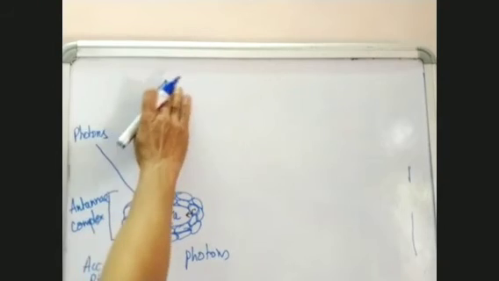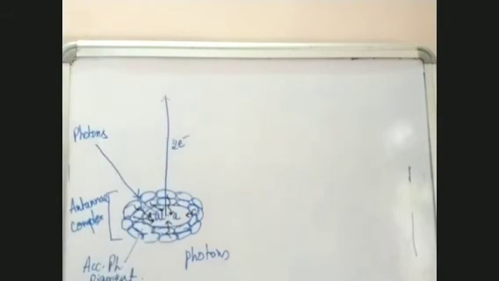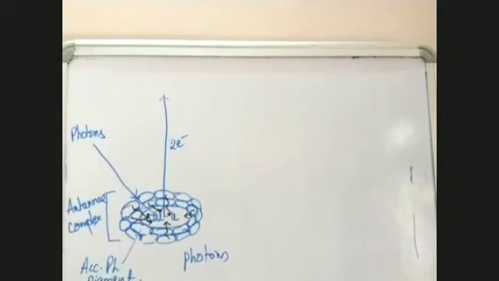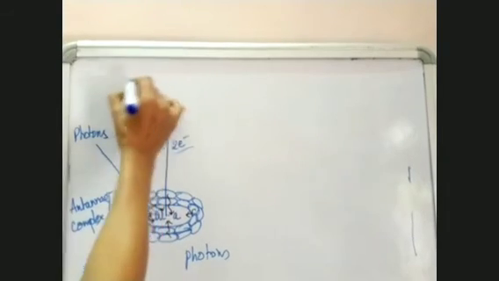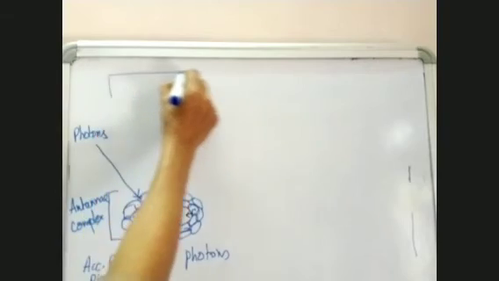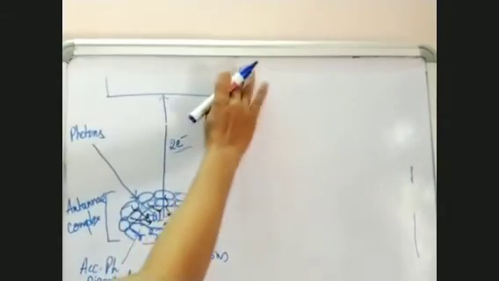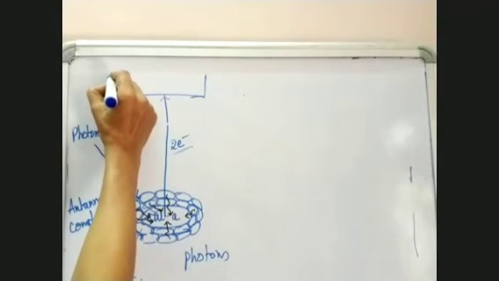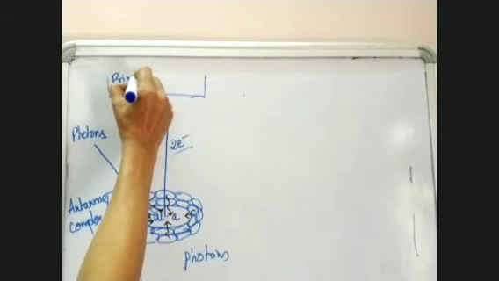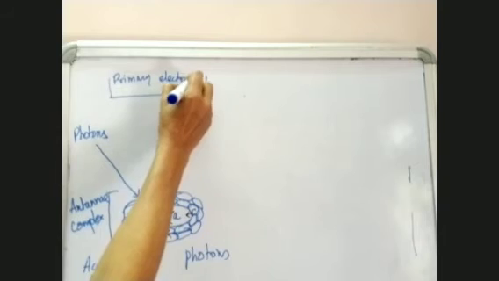Now, where will it go? In the system, in the light harvesting complex or quantosome or photosynthetic unit, to accept this electron which is now at the excited level, we have an acceptor, and that acceptor is known as primary electron acceptor.